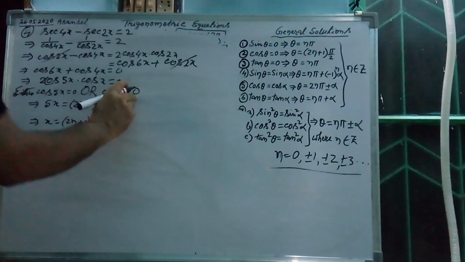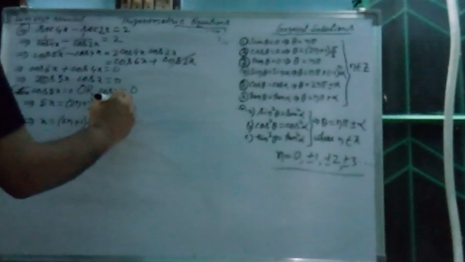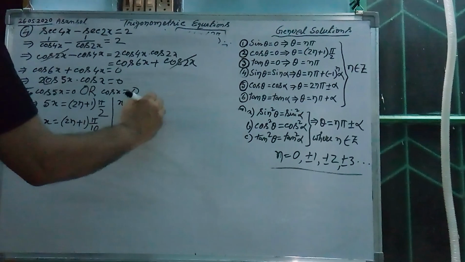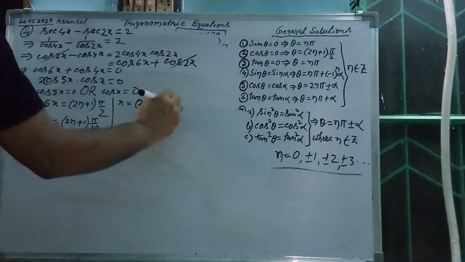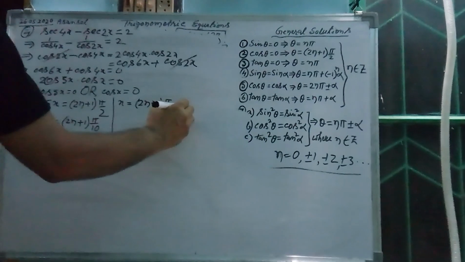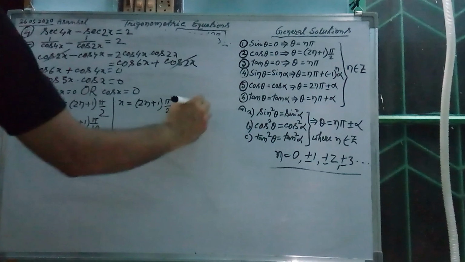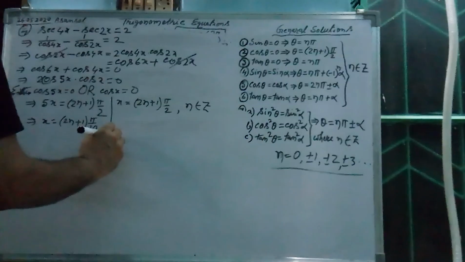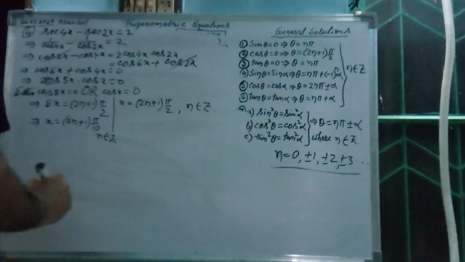Similarly here, if cos x is equal to 0, x is equal to (2n plus 1) pi by 2, where n belongs to Z.